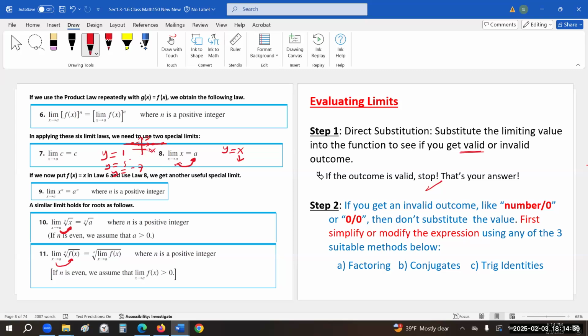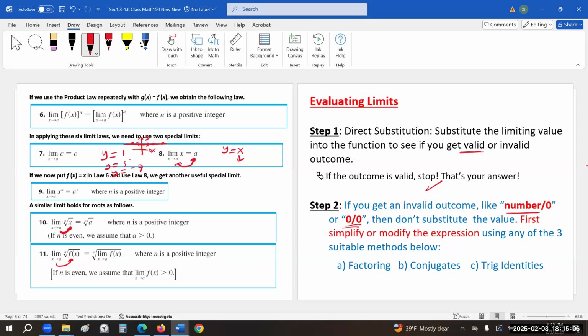However, after substituting the limiting value, if you have a weird scenario, for example, a number over 0, which doesn't exist, or 0 over 0, which doesn't exist. So if you have something that is invalid, then you cannot substitute the limiting value. You have to first modify or simplify your function. And to modify or simplify, there are many rules, many tricks.